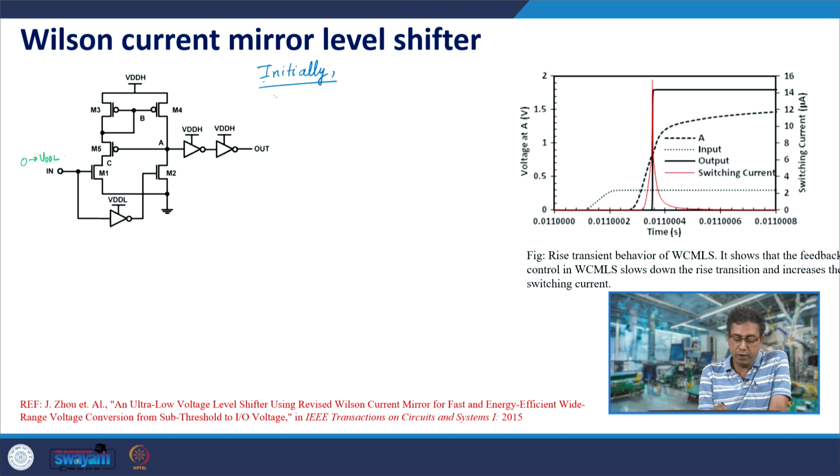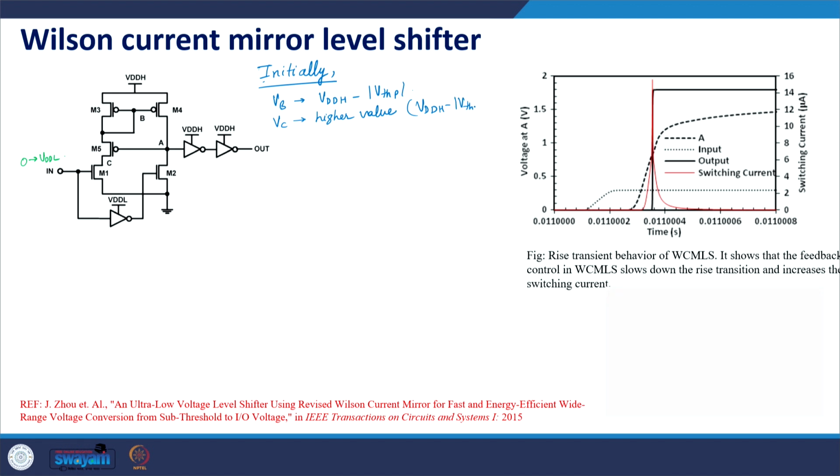What was the initial value of B? It was VDDH minus magnitude VTHP, because M3 was off. VC was also at a higher value, because A is 0, M5 was on, and its VDS can be 0, so it is also nearly at VDDH minus VTHP, but now you have switched on Vin.